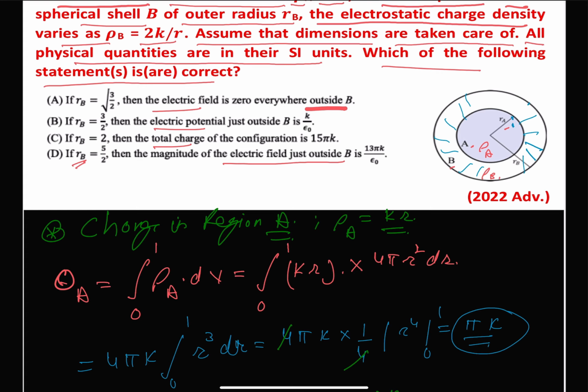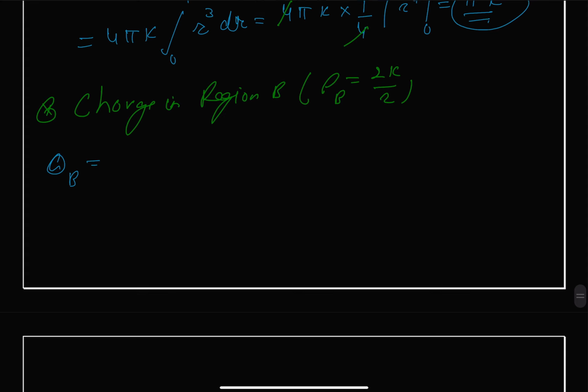So the limits of integration will be 1 to RB, and this comes as our rho B, and we have our dV. So this is rho B, 2k upon r, and we get here 4 pi r square times dr.